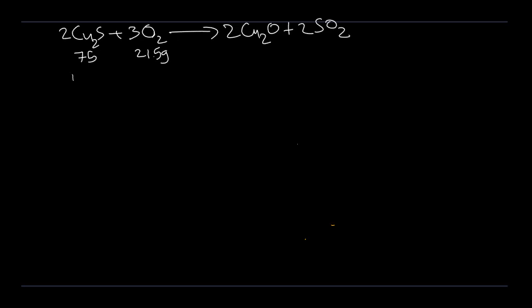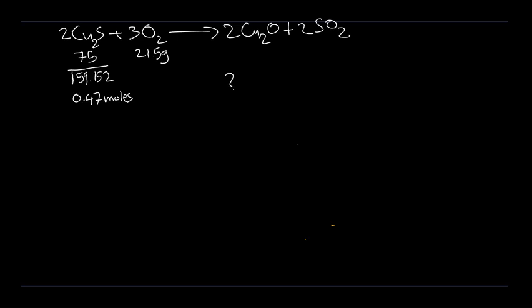And now first I will go with the copper 1 sulfide, and I will see how much copper 1 oxide will form. So I will find the number of moles by dividing with the molar mass of copper 1 sulfide, and I will get 0.47 moles. So now I can see the mole ratio.